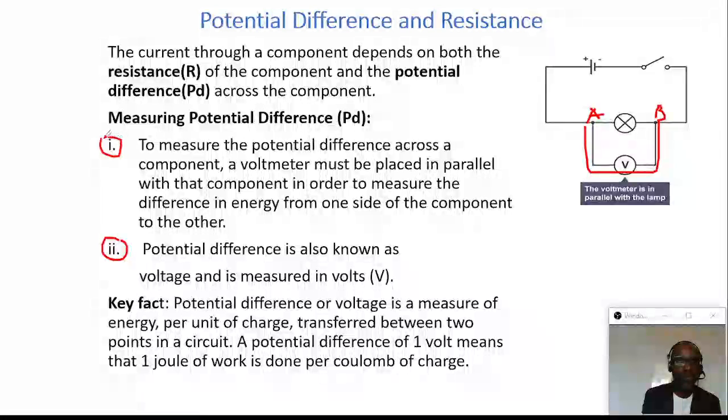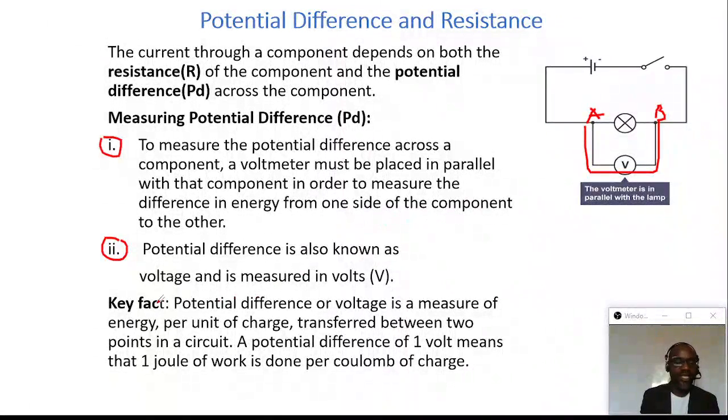For us to measure the potential difference across a component, the voltage can be measured by connecting a voltmeter in parallel with that component in order to measure the difference in energy from one side of the component to the other.